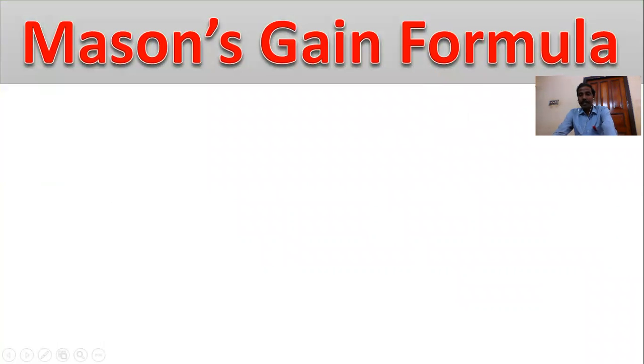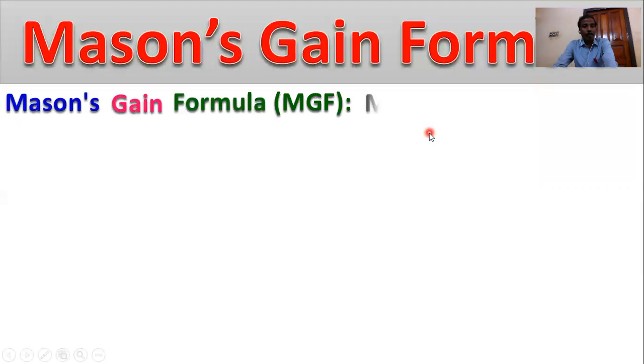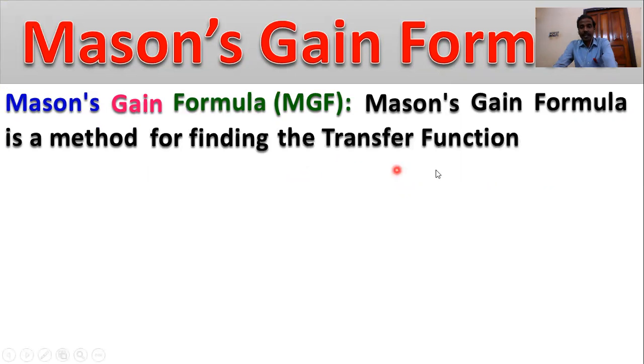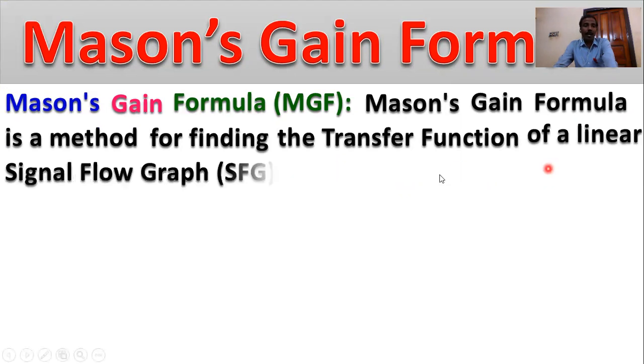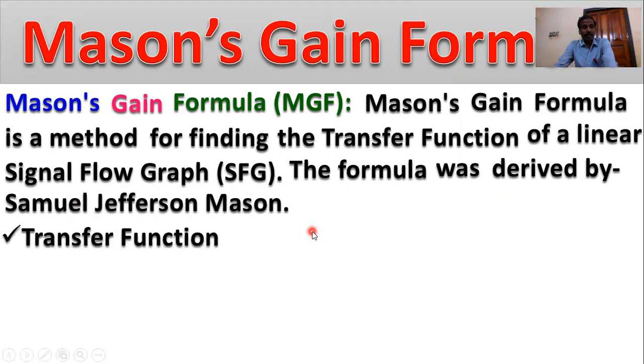What is Mason's gain formula? Mason's gain formula is a method for finding the transfer function of a linear signal flow graph. The formula was derived by Samuel Jefferson Mason.